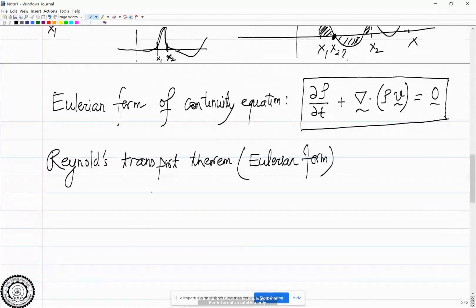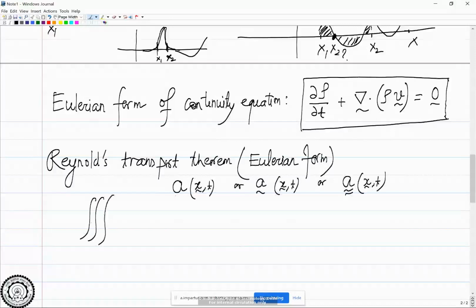It says that suppose you have a quantity, let us say A, which could be a scalar, vector, tensor, anything: A of little x comma t, or the vector A of little x comma t, or the tensor A of little x comma t.